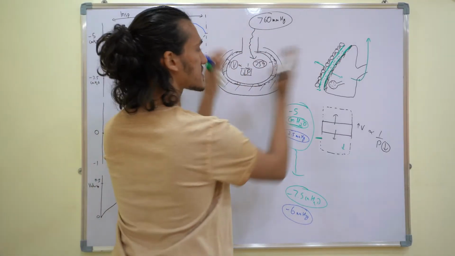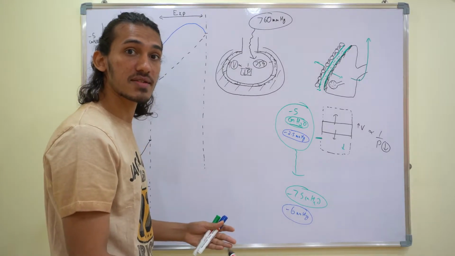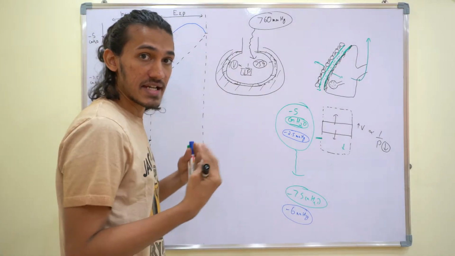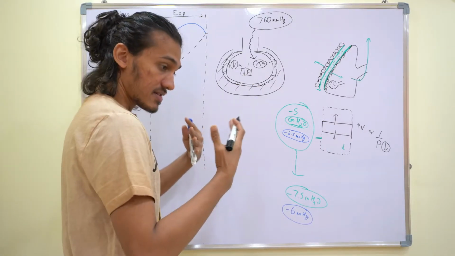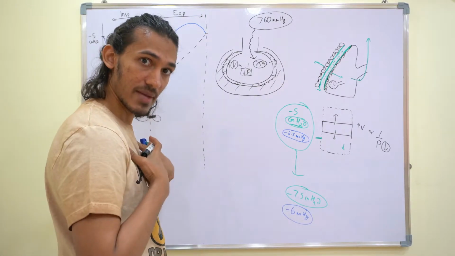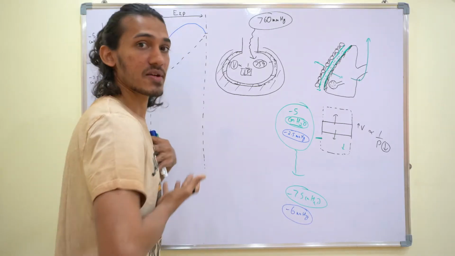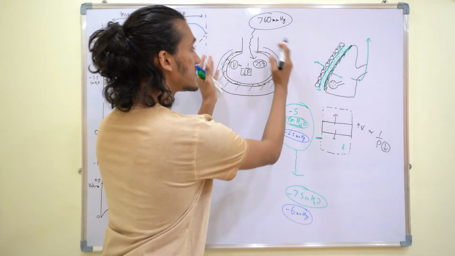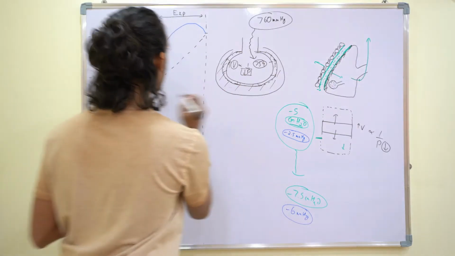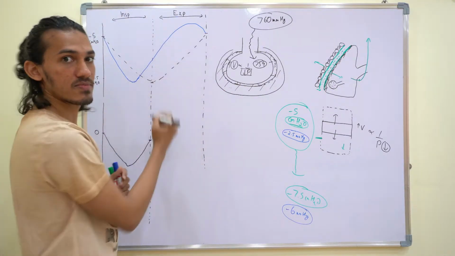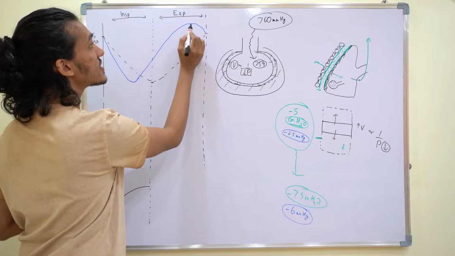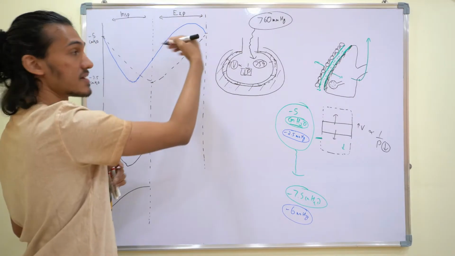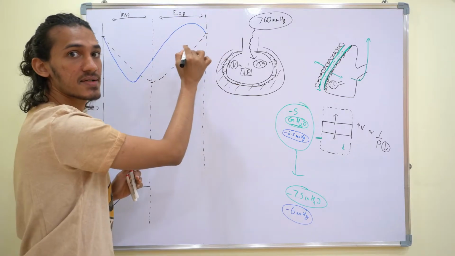When forceful expiration is there, the internal intercostals are acting and reducing the chest wall diameter. Along with that, the diaphragm is also acting, along with the abdominal muscles. So in every way, this pressure becomes less negative, and see over here, it even goes more less than the value at rest.